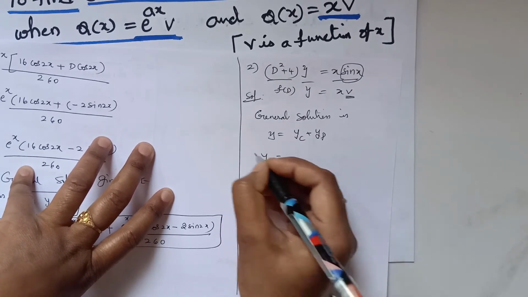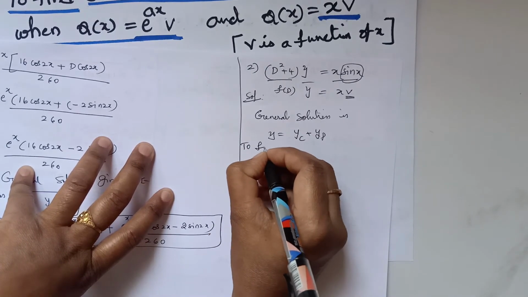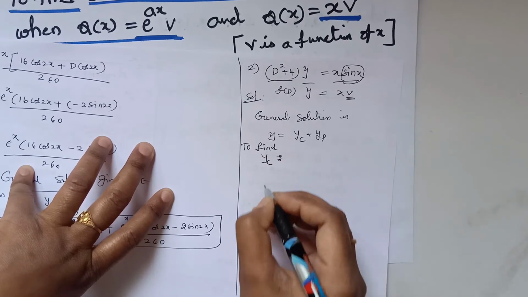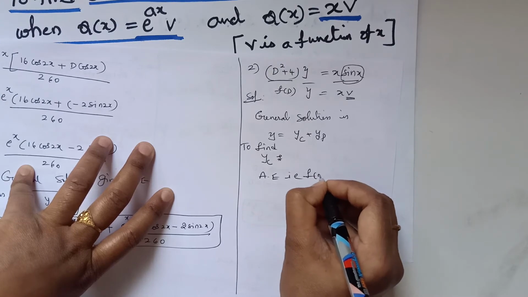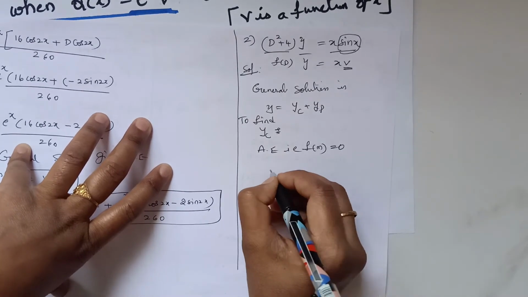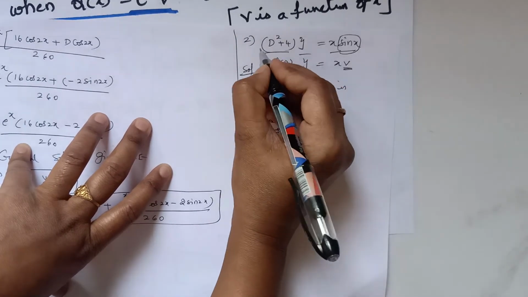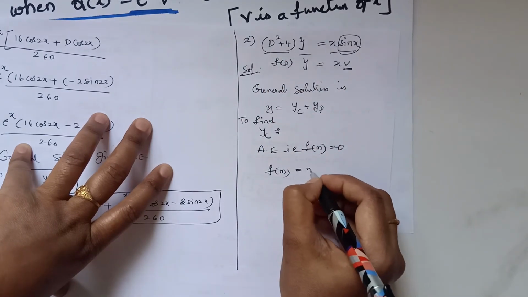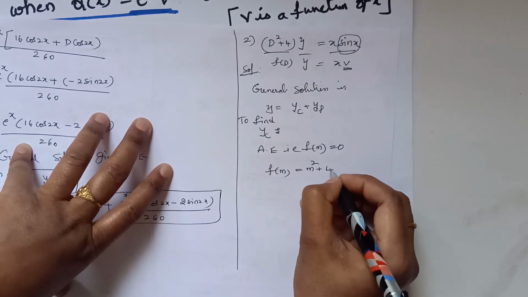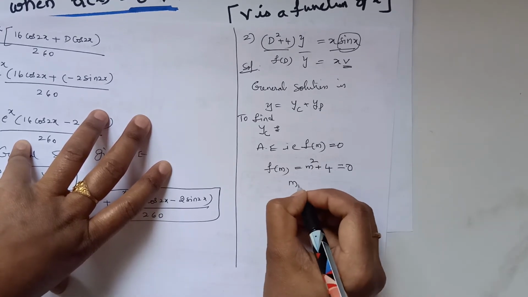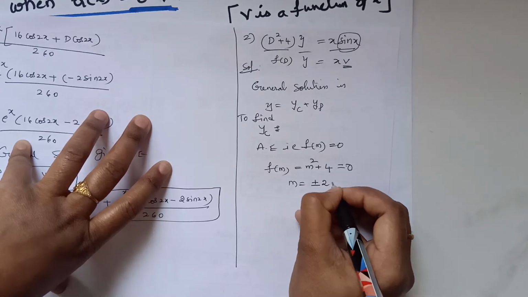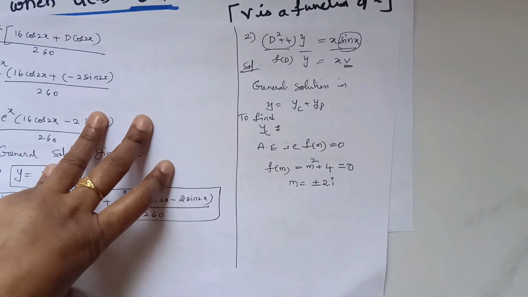Yc is the complementary function. To find the complementary function, we need to write the auxiliary equation, that is f of m is equal to 0. Here f of m, by substituting D equal to m, is m square plus 4 is equal to 0. When m square plus 4 is equal to 0, m is equal to plus or minus 2i.